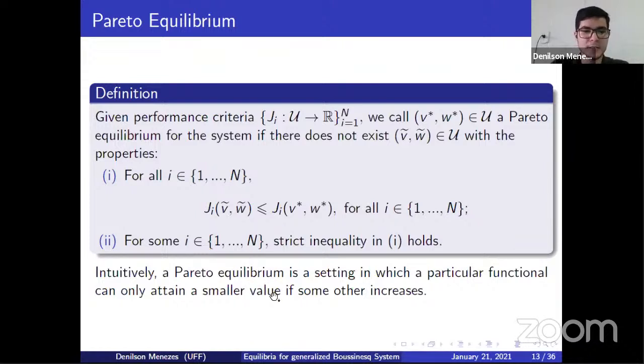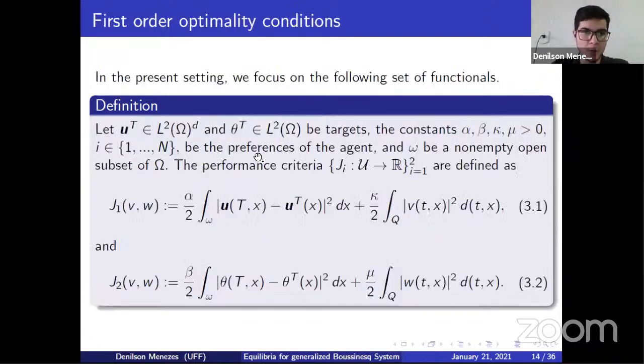Intuitively, we say that if you decrease the value of some functional, another one has to increase. In our problem, we consider this performance criteria with the two functionals, J1 and J2, given by these expressions.